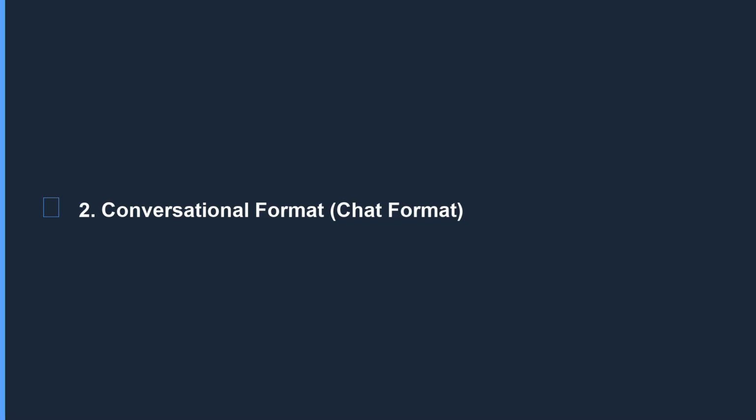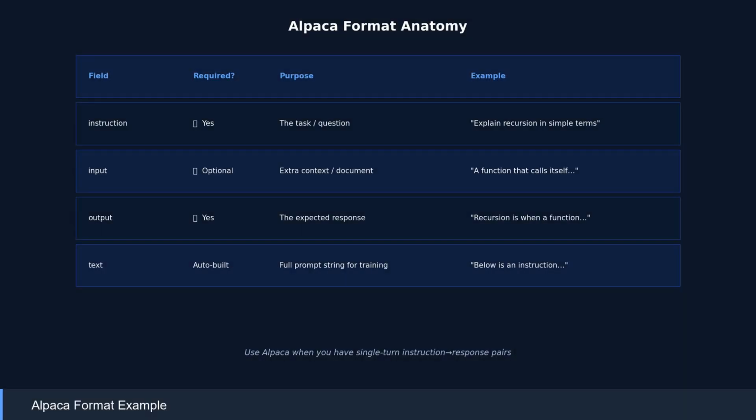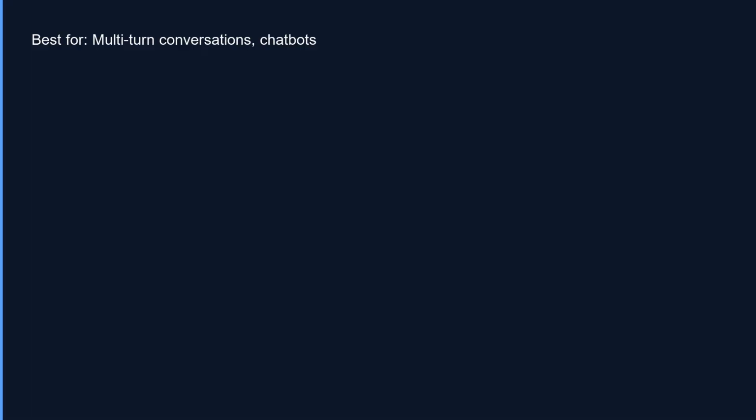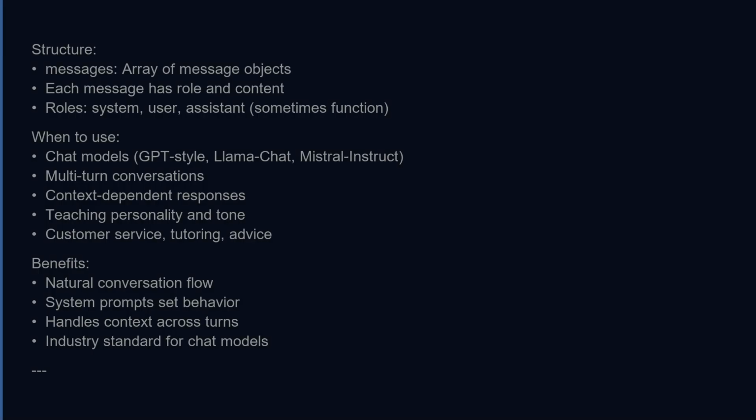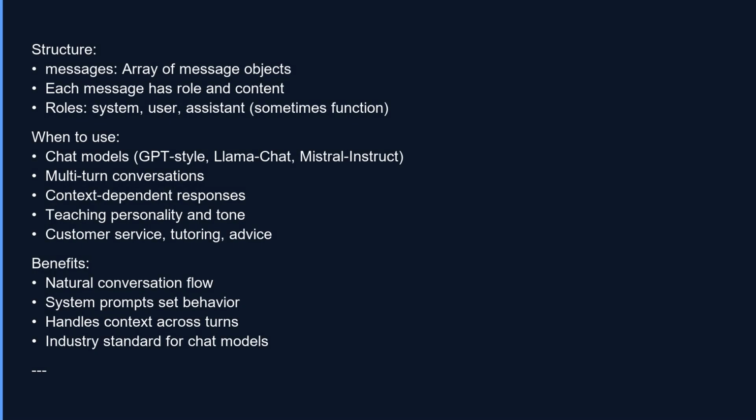Let's now look at 2, conversational format, chat format. Here we can see the alpaca format example. Best for multi-turn conversations, chatbots. Here's the JSON code for this section, starting with messages keys. Structure: messages, array of message objects.